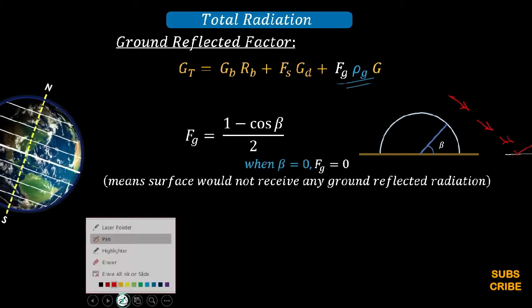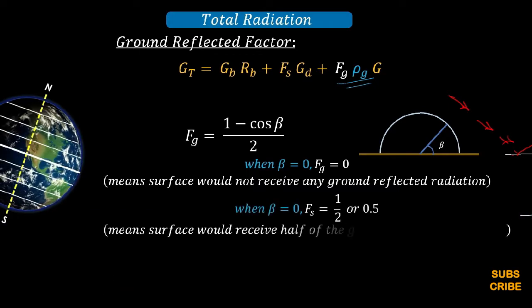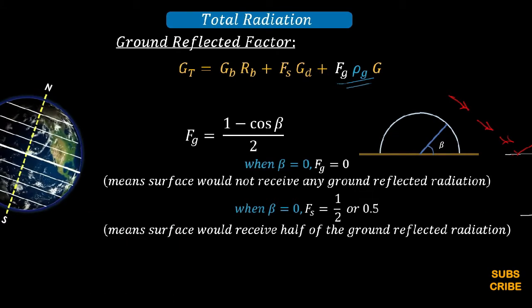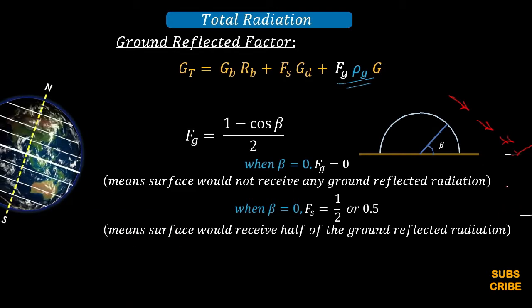Now in another case, let's see if the photovoltaic module is placed vertically. In this case the slope is 90 degrees, so cos 90 is 0, which means half of the ground reflected radiation would be falling on the solar thermal collector or photovoltaic module.